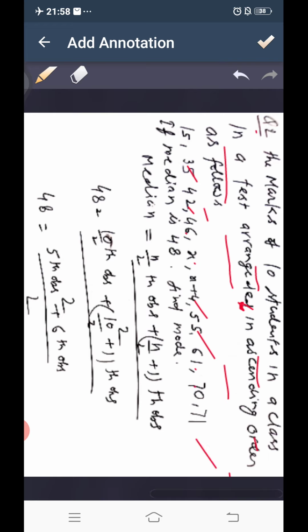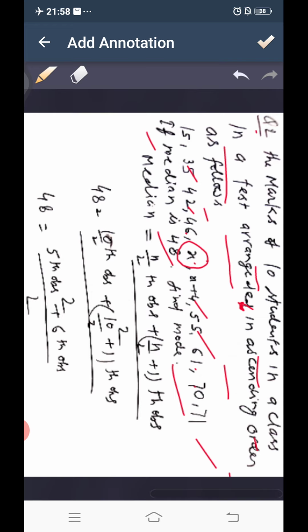These are arranged in ascending order. If median is 48, then find mode. So now we are given the median and the data. From this median, first of all we will find out the value of x. We know the median, how many students? 10 students, that is even.